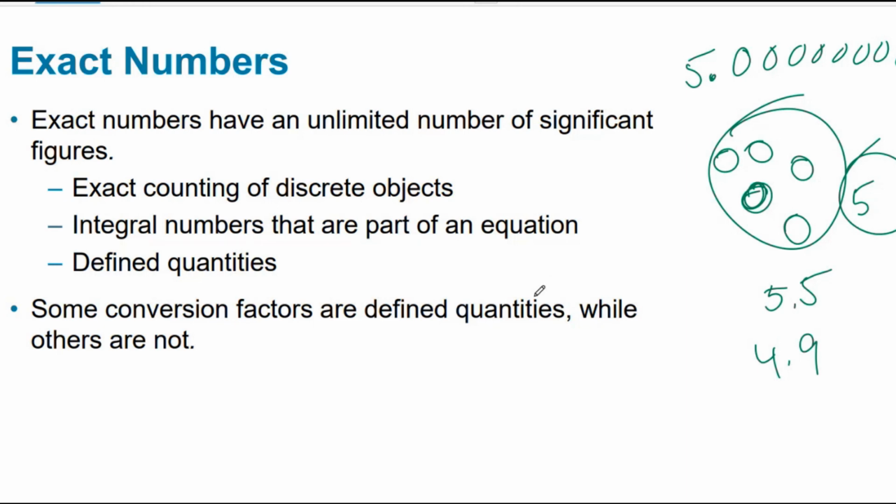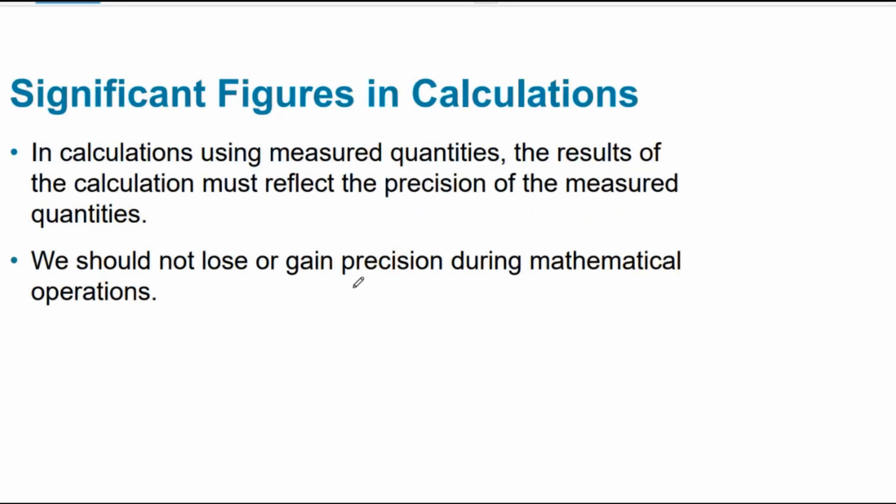So in other words, if I need to multiply my equation by 4 or something like that, then I don't limit significant figures by that. And also defined quantities are not limited by significant figures. Now, most conversion factors are not limited by significant figures. So let's talk about significant figures and calculations.